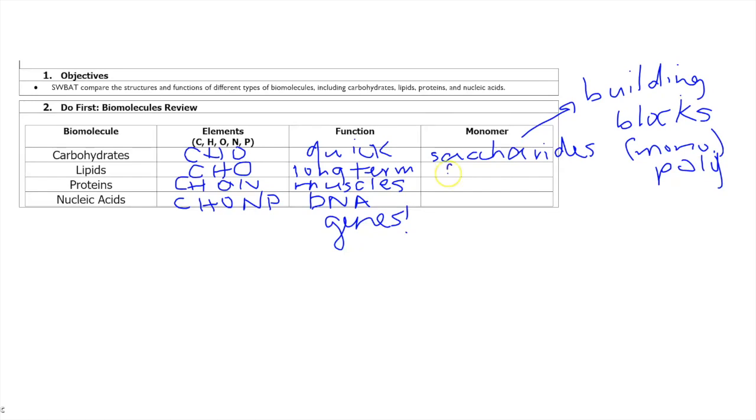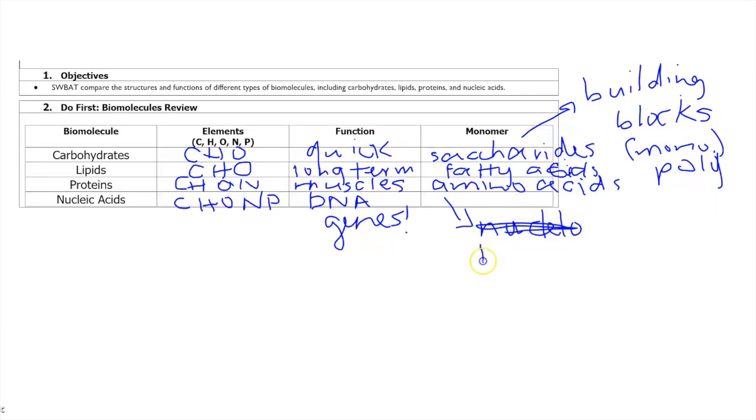For lipids, these are your fatty acids. Proteins, these are your amino acids. And for nucleic acids, these are nucleotides.